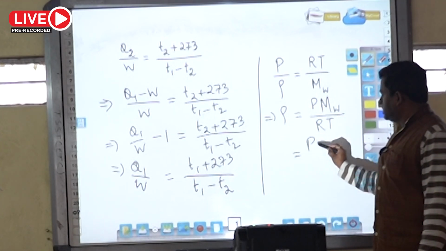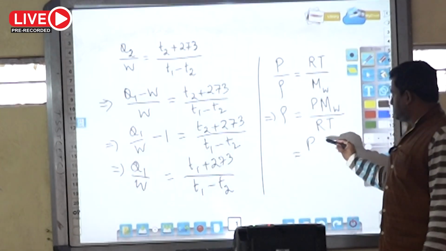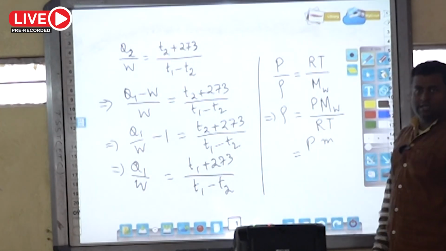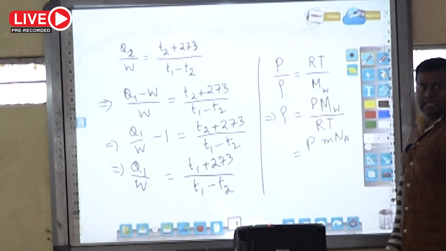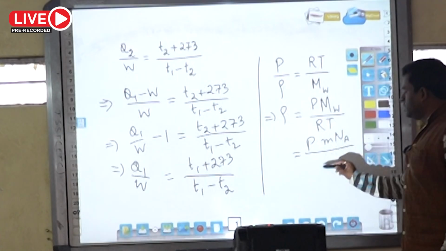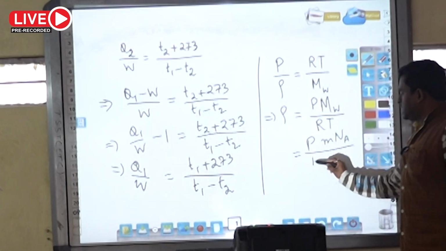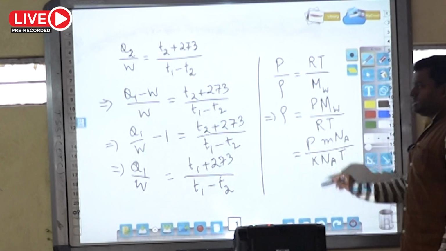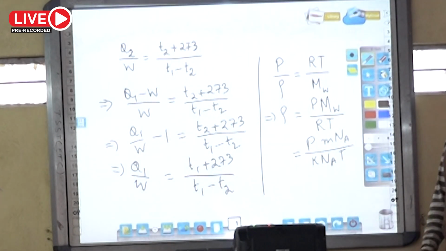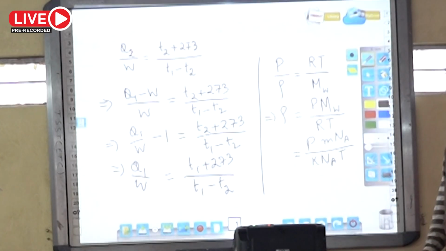Now MW means mass of each molecule into Avogadro number, Na, and R equal to k Na in terms of Boltzmann constant. R equal to k Na.